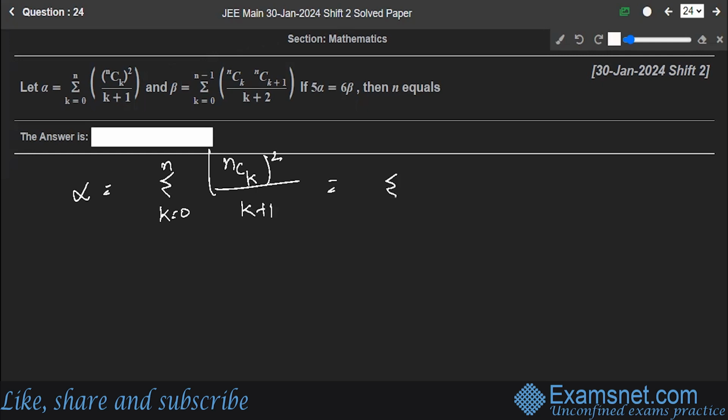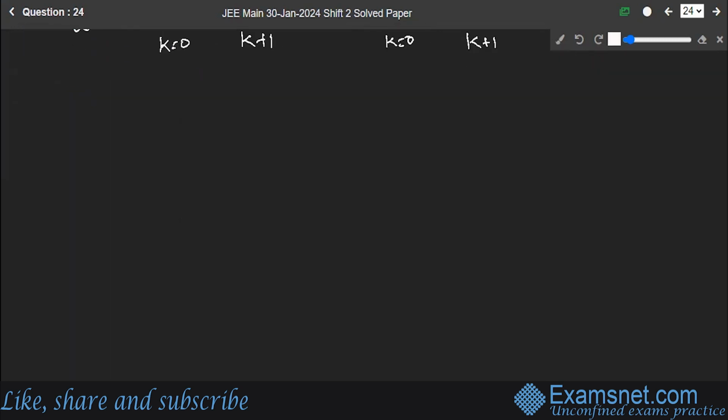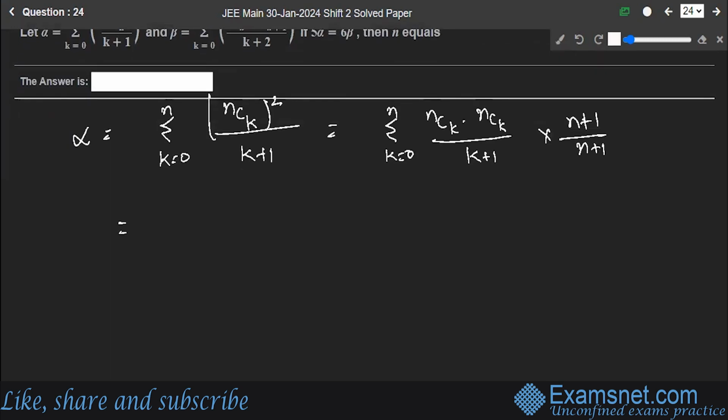Let's do one thing. I'm opening this. k is equal to 0 to n, nck upon k plus 1. Let's multiply numerator and denominator by n plus 1. So this expression now will be equal to summation, I'll be taking 1 upon n plus 1 outside, k is equal to 0 till n. Now know one thing, that if I take n plus 1 upon k plus 1 into nck, this becomes equal to n plus 1 c k plus 1.